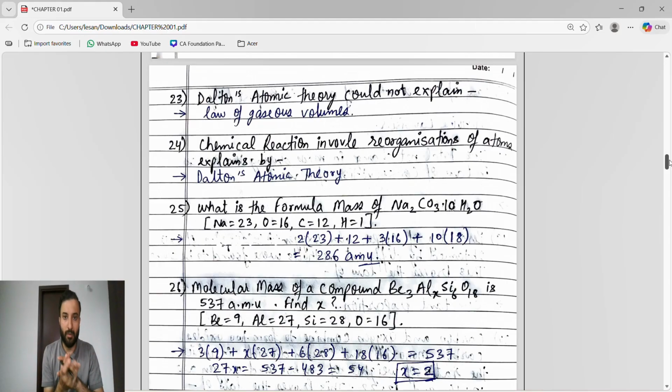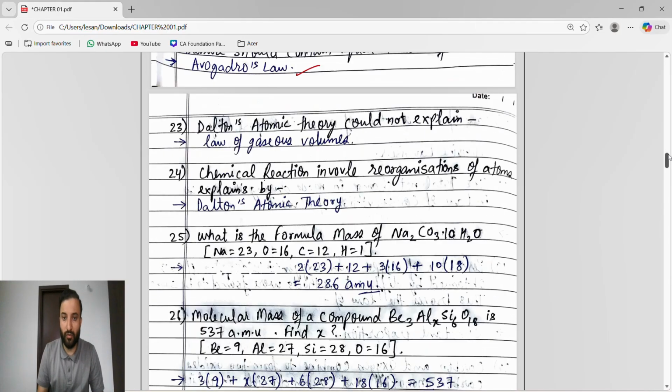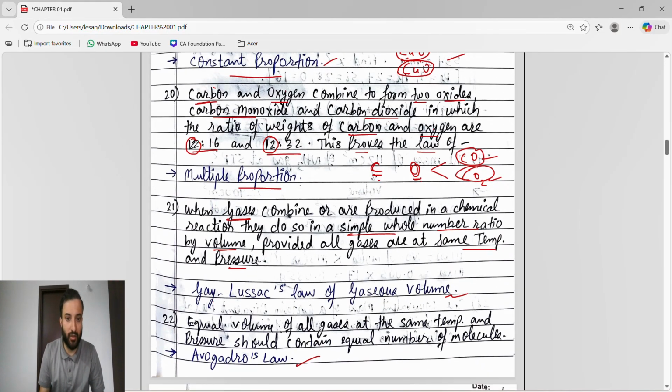Third is multiple proportion. Multiple proportion means when only two elements combine to form two or more compounds, like 12:16 and 12:32, the mass of one element is fixed and the other masses are in a simplest ratio. We will not have a non-stoichiometric ratio like a decimal form.